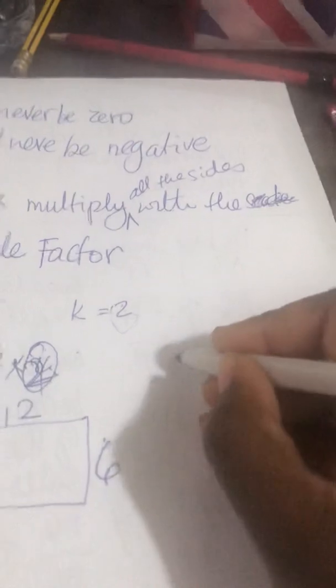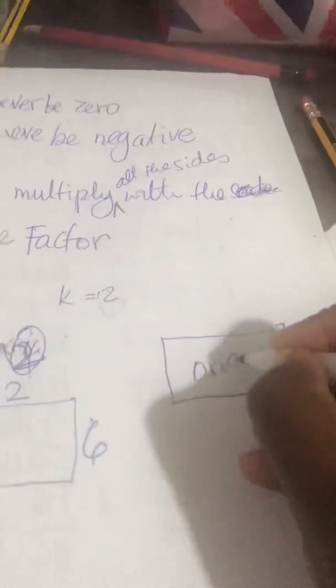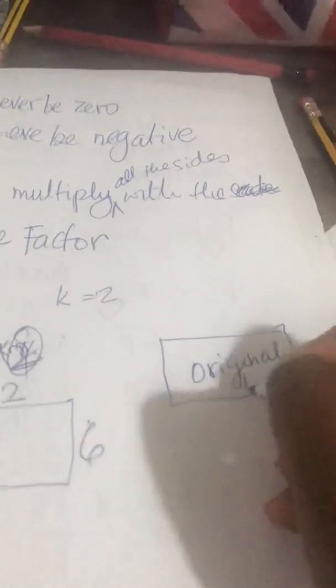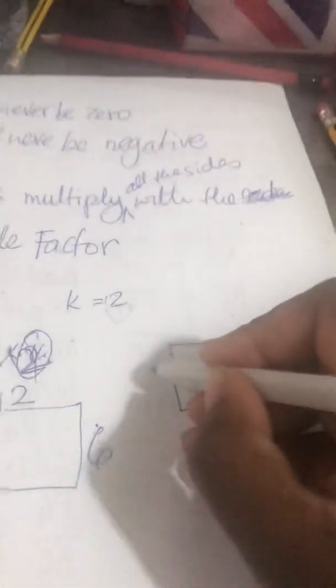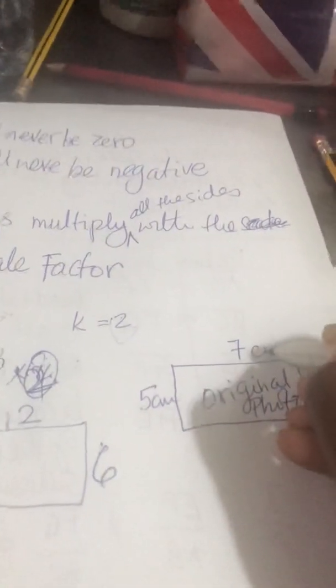If the original photo is 5 centimeters by 7.5 centimeters, so that means that is the pre-image, the original photo.